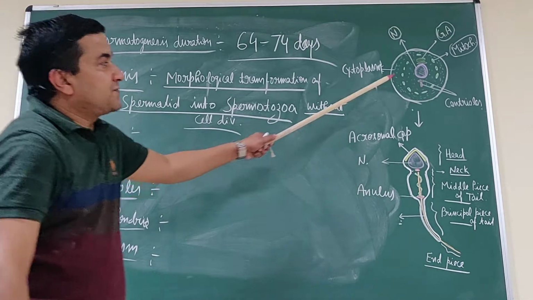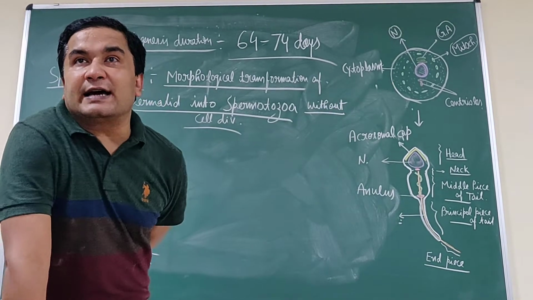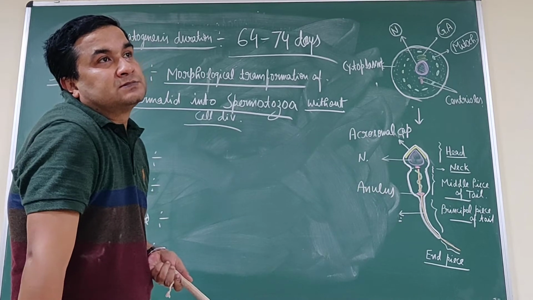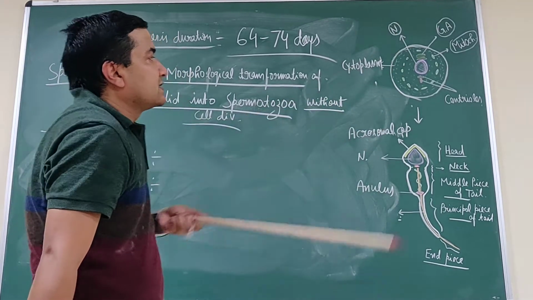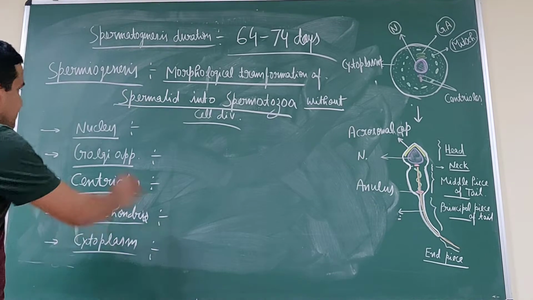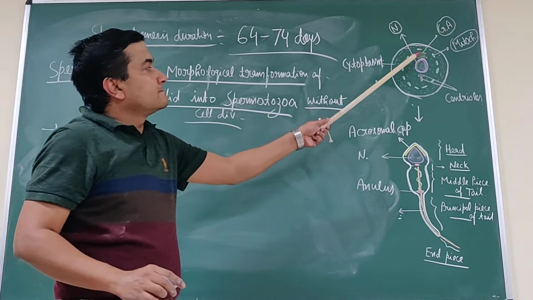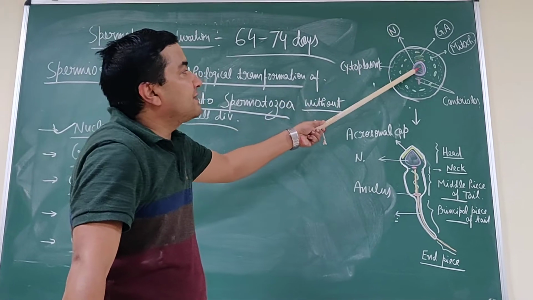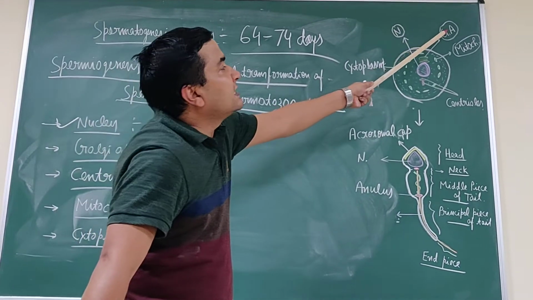When the spermatid is formed, it is more or less rounded in shape. In these spermatids, the following structures are present. It is the nucleus. A spherical nucleus is present. There is a Golgi apparatus.